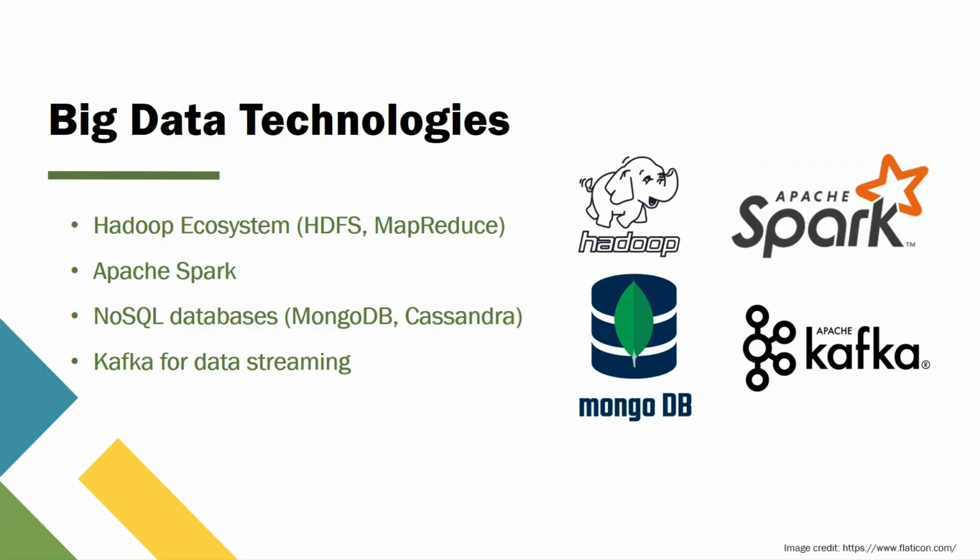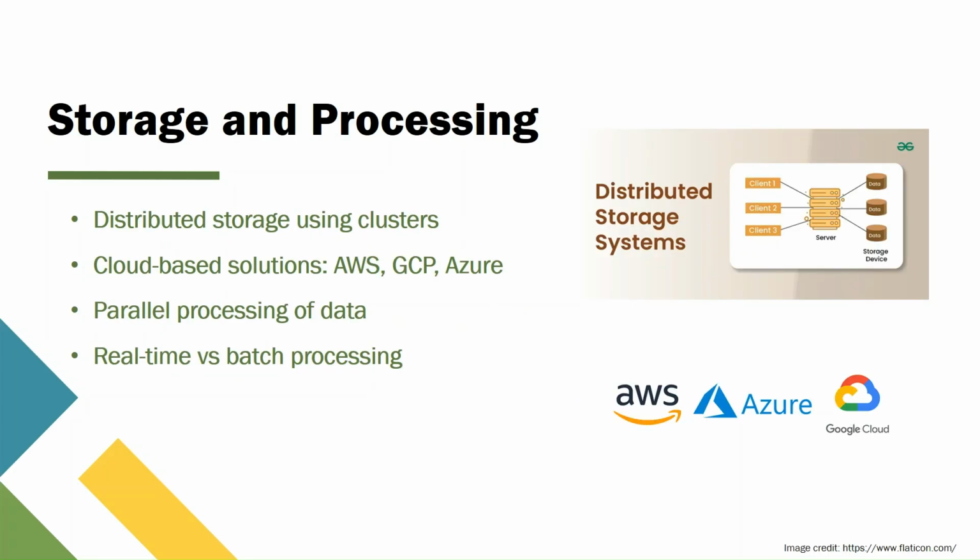Then, big data technologies. What are the technologies that help in managing big data? A few are the Hadoop ecosystem, Apache Spark, NoSQL databases such as MongoDB, and Kafka for data streaming. Then, how to store and process this big data? There are several options, such as distributed storage using clusters.